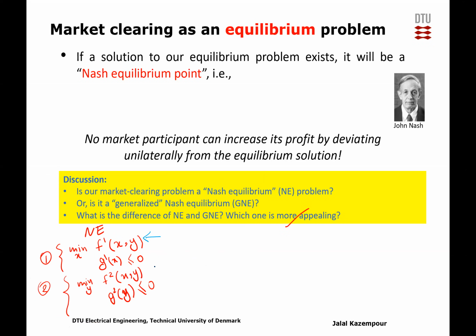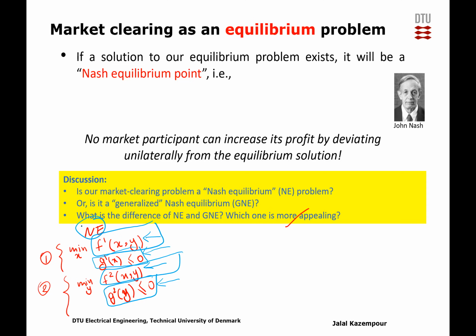Only the objective functions of the two players depend on the decision of the other player, while the constraints depend just on the local decision of the players. So here, the constraints depend on just the local variable, the variable of the corresponding player, but the objective functions depend not only on our own variable, but also on the rival's variable.